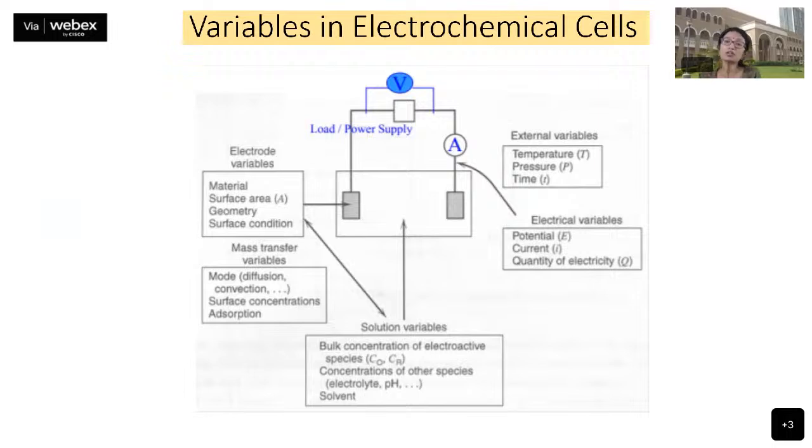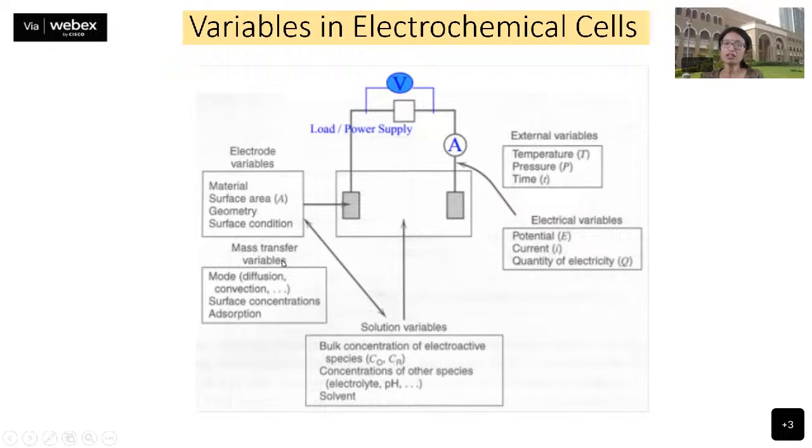Now when we come to the electrochemical cell, there are a plethora of variables. There are external variables like temperature, pressure and time. Then you have electrical variables like potential, current, and the quantity of electricity which is passing. The electrode variables are the material which is used, the surface area of your electrode, the geometry of your electrode, and the surface condition.